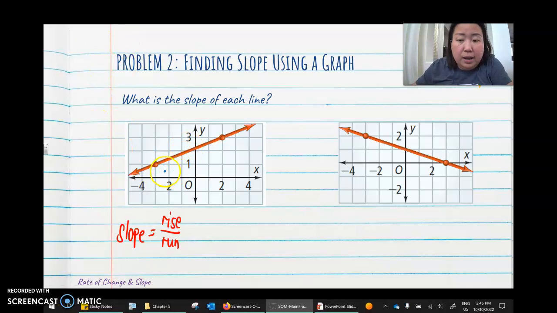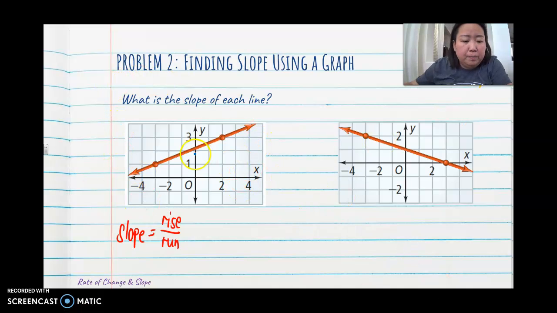So you select one point as your reference first. From this point, going to this other point, how much do you go up or down, since we are talking about the rise, or the vertical change? So from here, you need to go 1, and then 2. 2 going up.